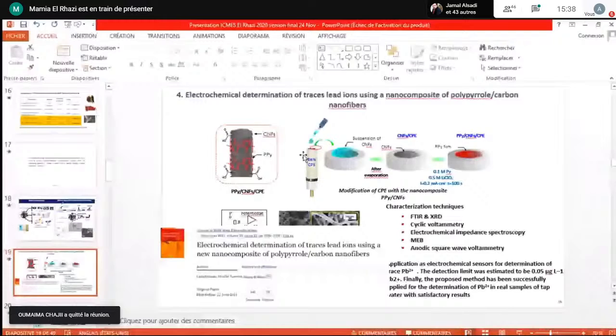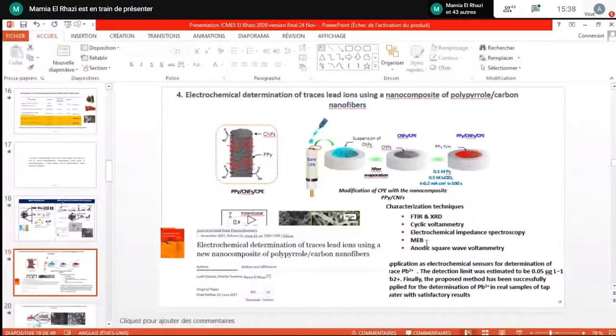The modified electrode was characterized by FTIR and X-ray diffraction, also by cyclic voltammetry, electrochemical impedance, and scanning electron microscopy. The method was applied for determination of lead, and we have found that the sensor can detect lead at very low concentration.